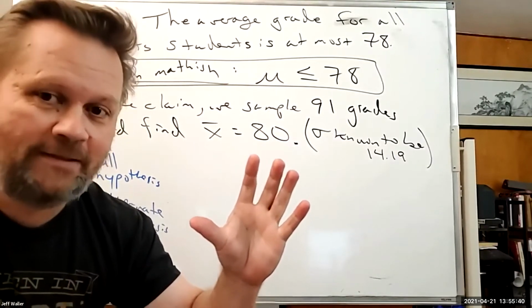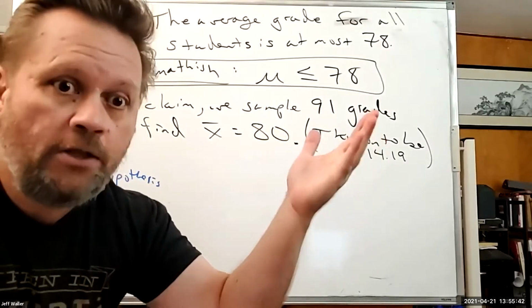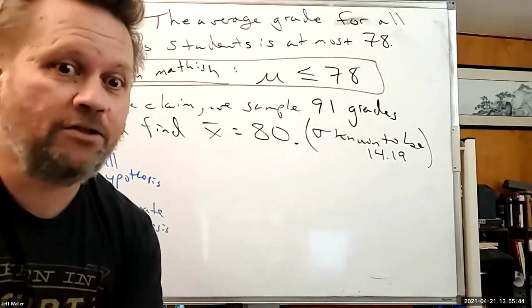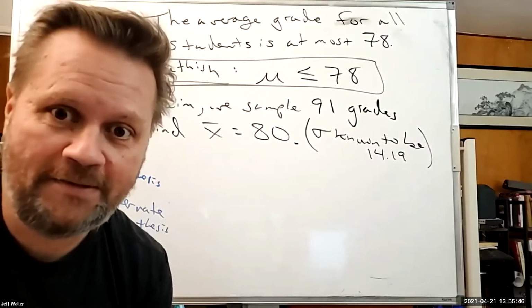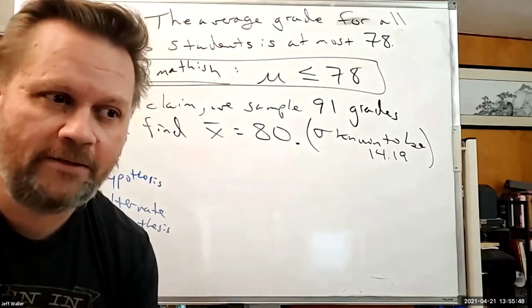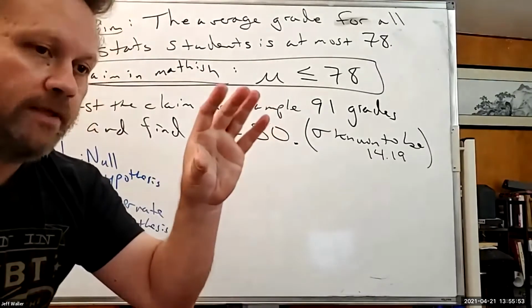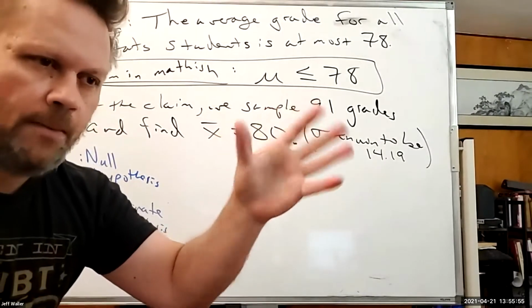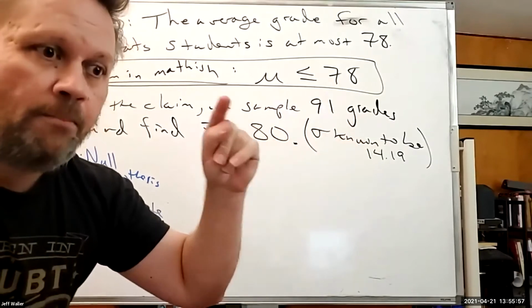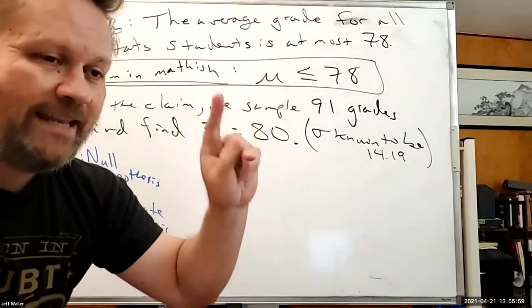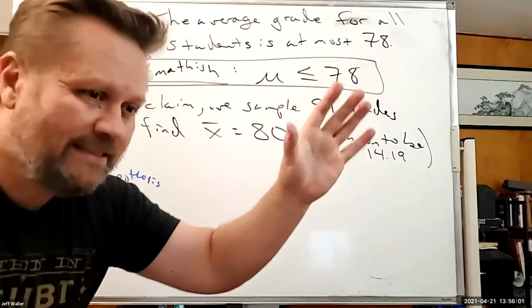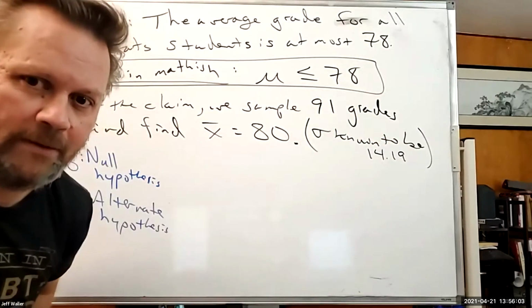Is the average actually 73? No, but that's good evidence that it ain't 20. Does that make sense? So you can never prove with a sample that some parameter equals something, but you can show evidence that it isn't, so like it's less than something or greater than something.